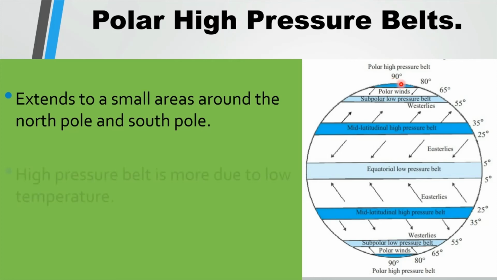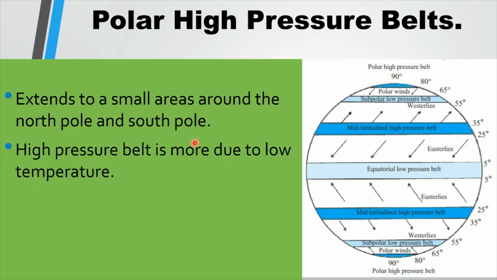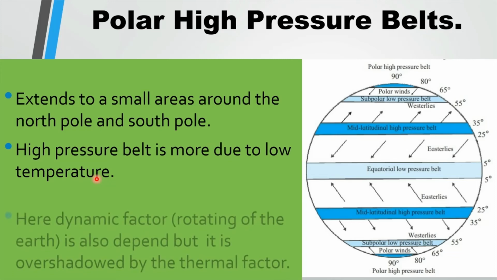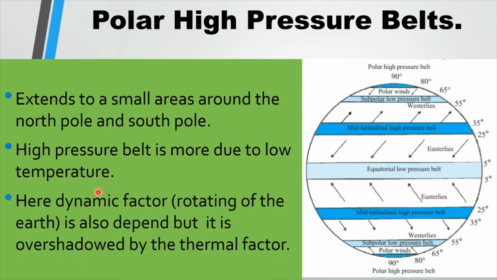This is one characteristic. High pressure belt is more due to low temperature. Okay, low temperature. Even though dynamic factor is there, that means the rotation of the earth, it is also depending upon dynamic factor, but still it is overshadowed by the thermal factor.